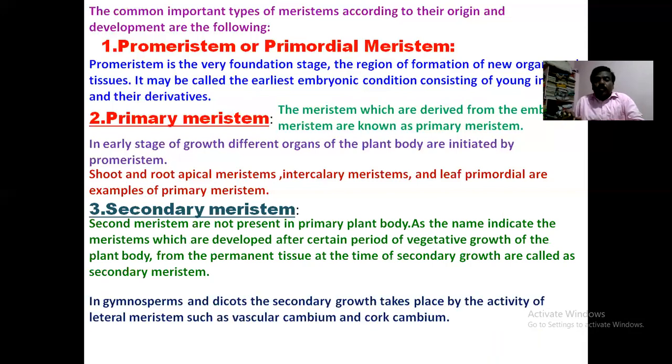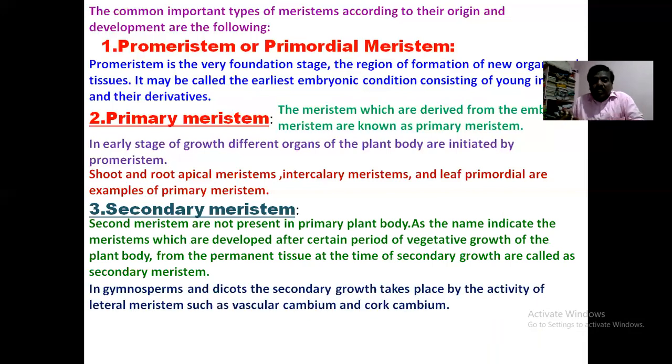In gymnosperms and dicots, secondary growth takes place by the activity of lateral meristems, such as vascular cambium and cork cambium.